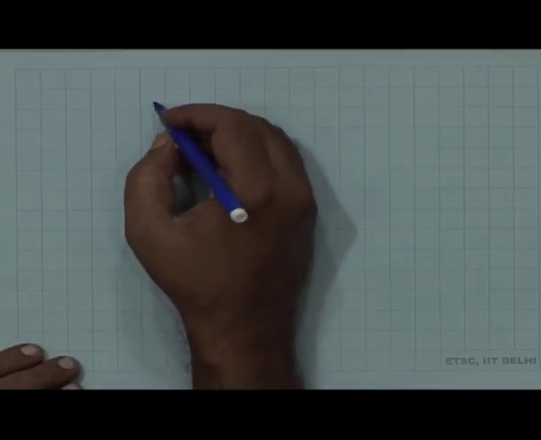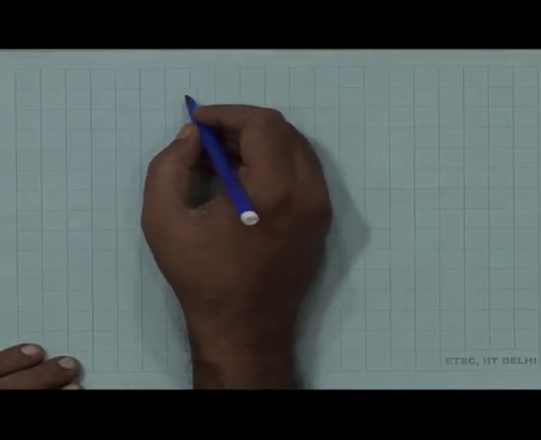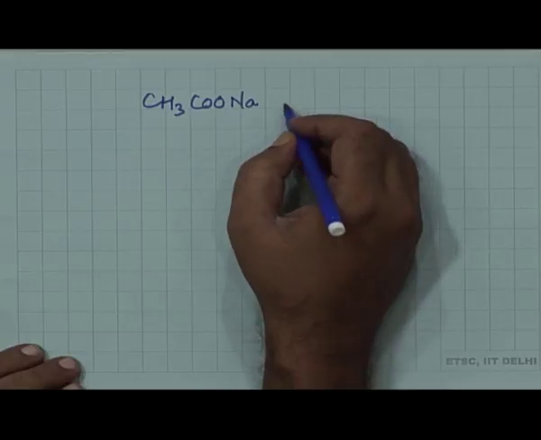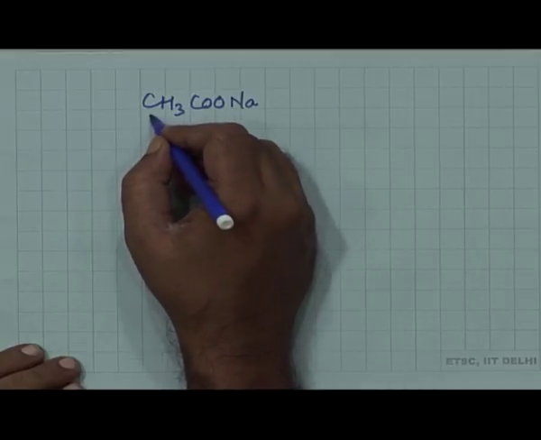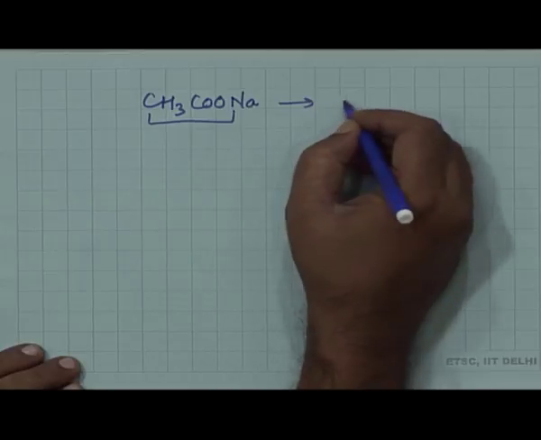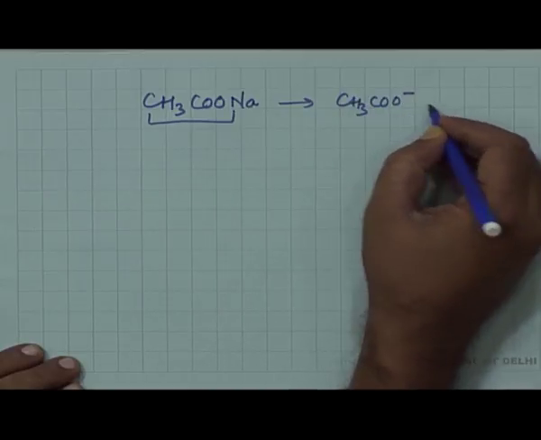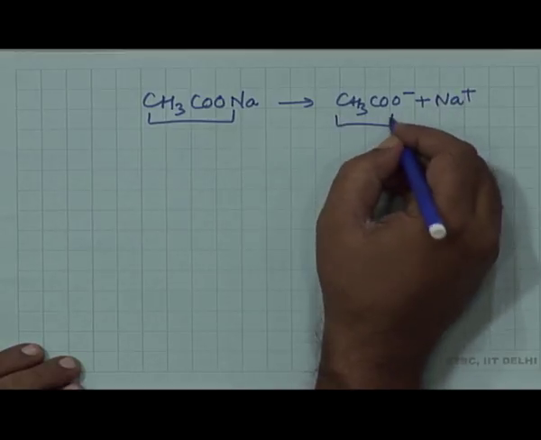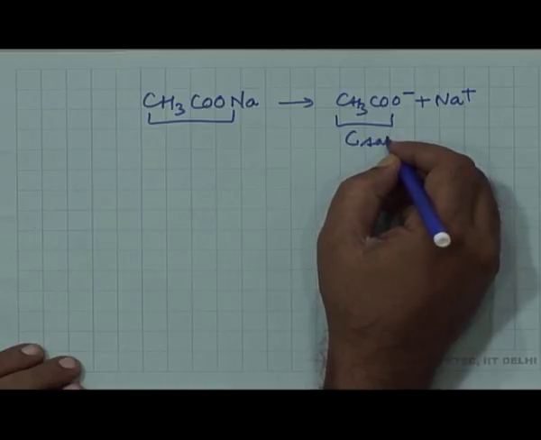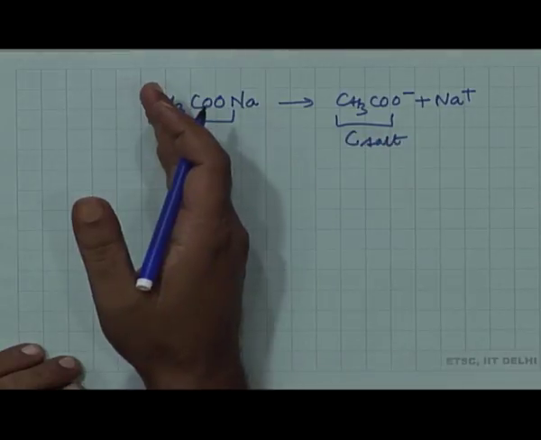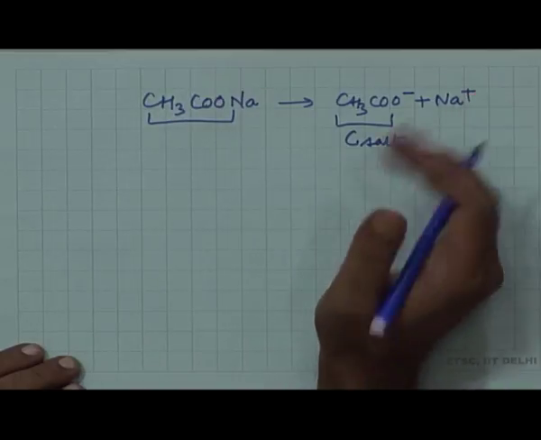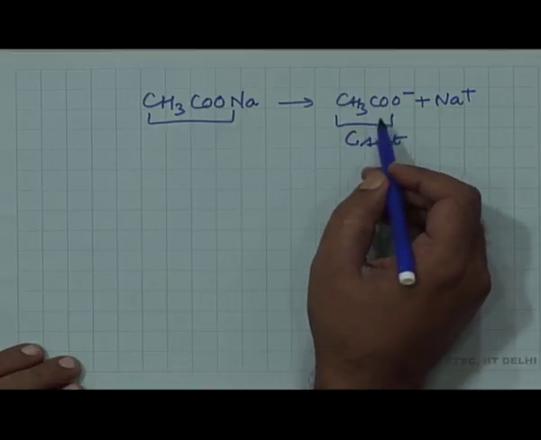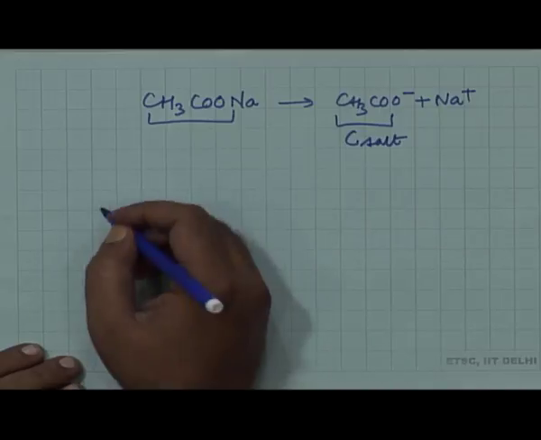Okay. So, let us talk about this solution. You have a salt, and we know that since this is a soluble salt, it will completely dissociate into CH3COO minus plus Na plus, and the concentration of this will be equal to C salt. Since all the salt has gone to the dissociated form, the concentration of CH3COO minus will be equal to C salt.